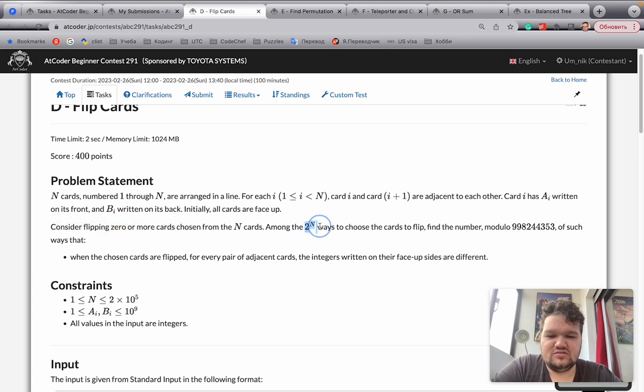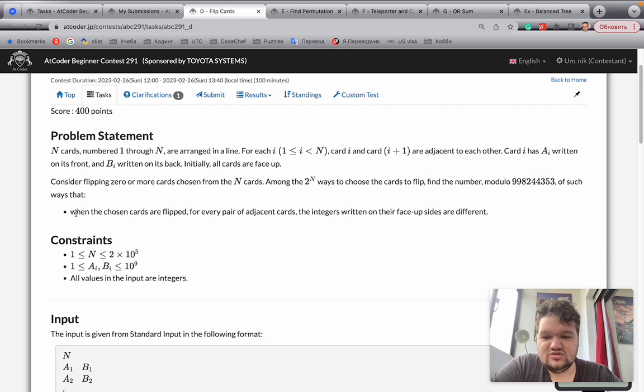There are 2 to the power of n ways to do that. And we need to calculate the number of ways such that, when the cards are flipped, for every pair of adjacent cards, the integers written on their face-up sides are different. Well, that's an obvious dynamic programming.